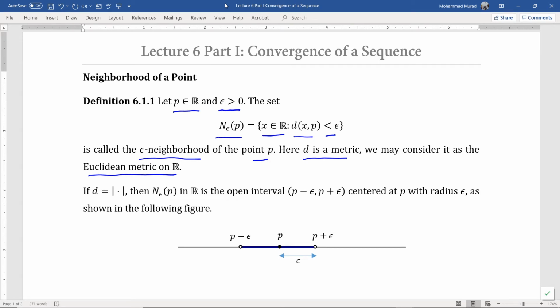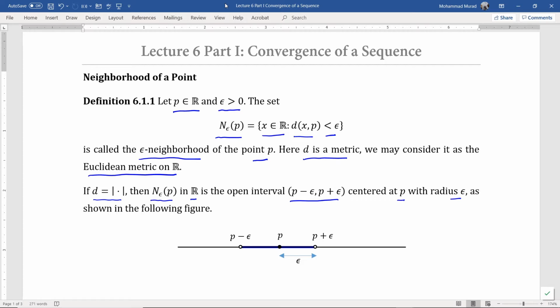So if D is the absolute value map or the Euclidean metric, then the epsilon neighborhood of P in R is the open interval centered at P with radius epsilon, as shown in the following figure.